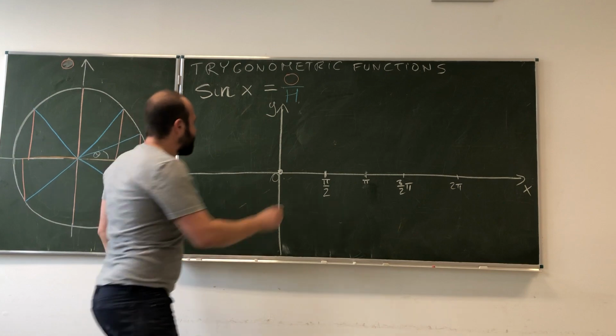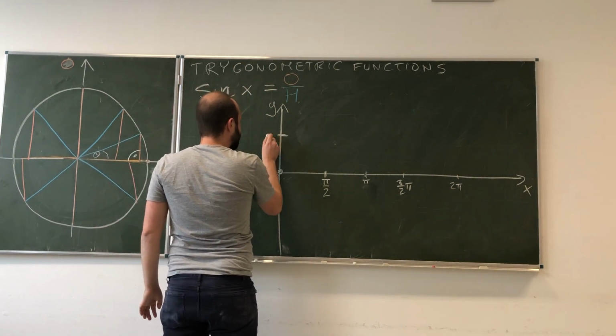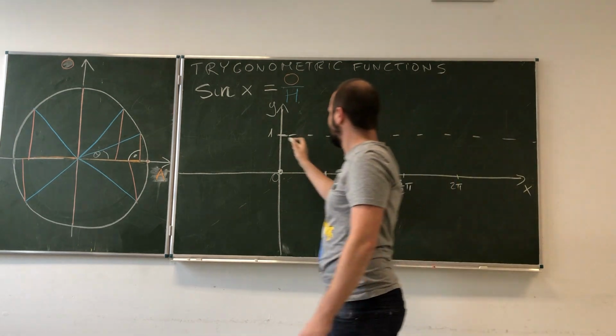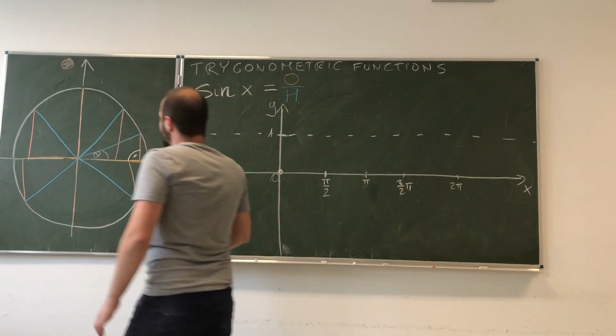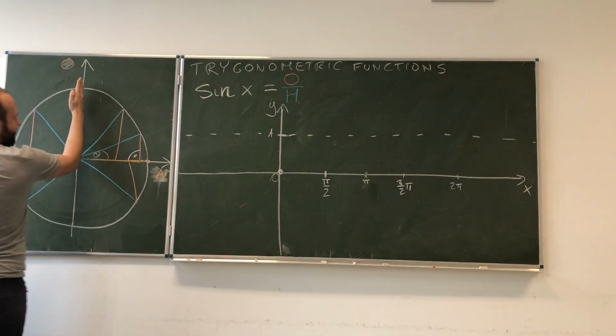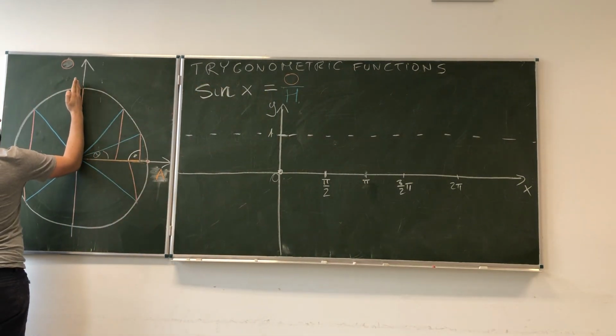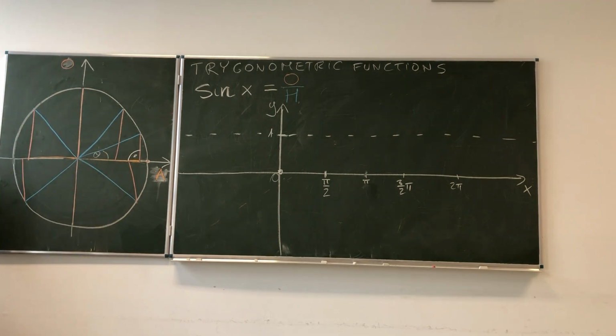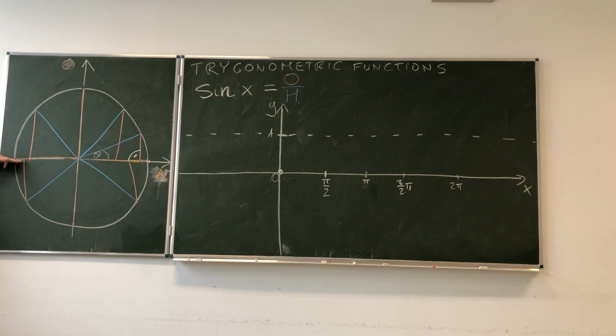So look, the highest value that the sine function can take is 1. Now, what we will observe later is that opposite is getting shorter and shorter and shorter until we are over here, when again the size of the opposite is equal to 0.